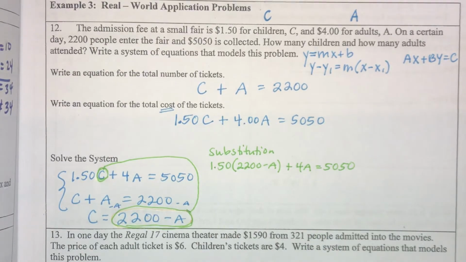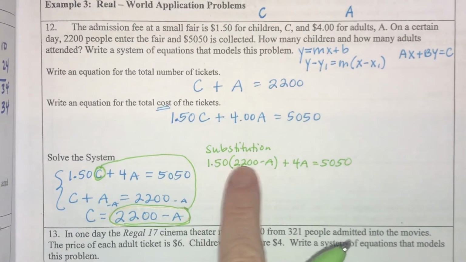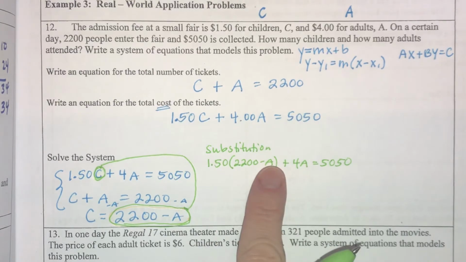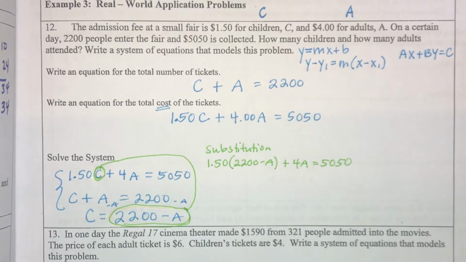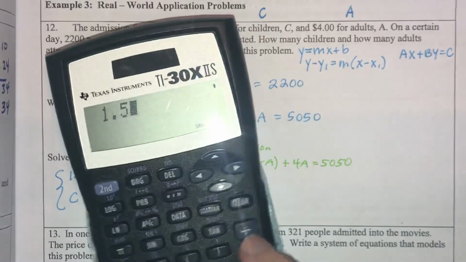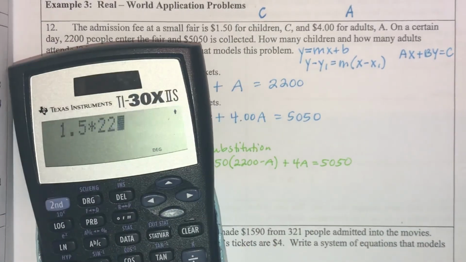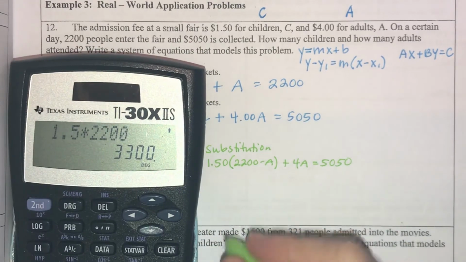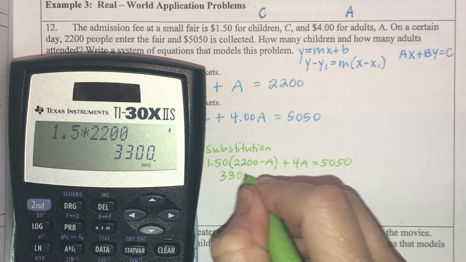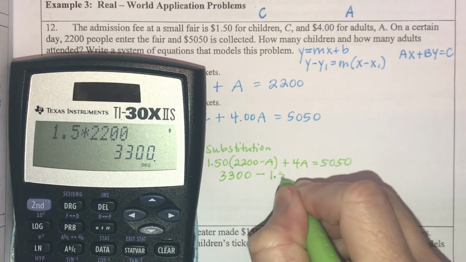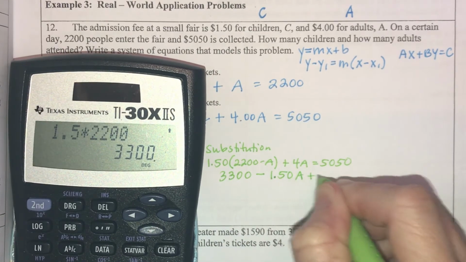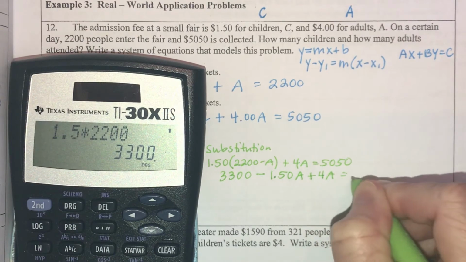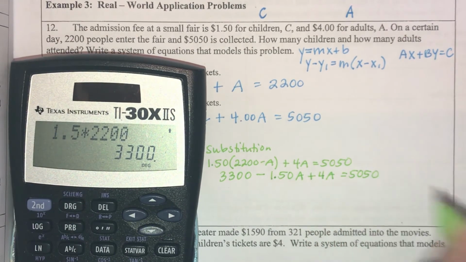And now what I'm going to do is distribute my $1.50 to each of these two terms that's in parentheses, and then I'm going to solve for my A. So $1.50 times 2,200 is going to give me 3,300 minus $1.50 A plus $4 for A, and that equals 5,050.